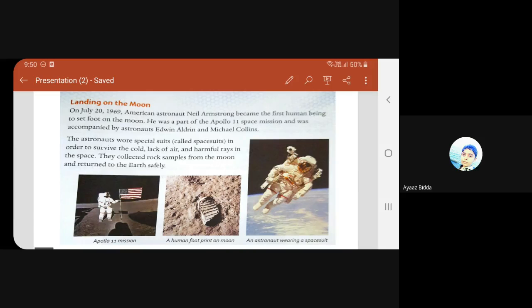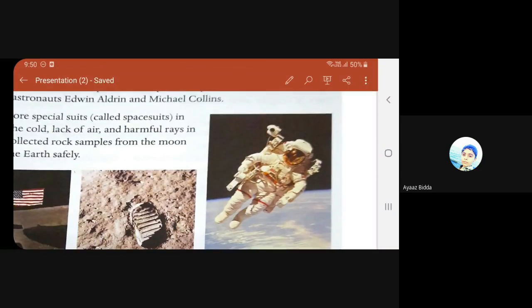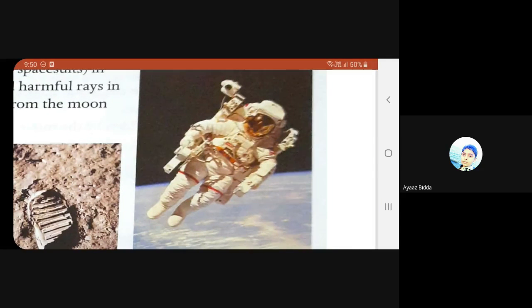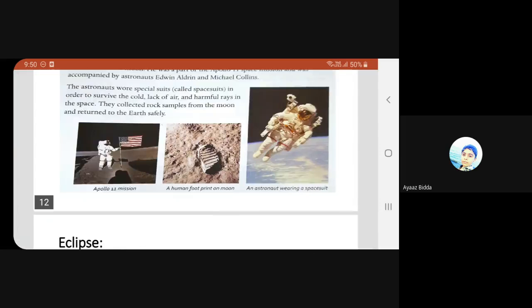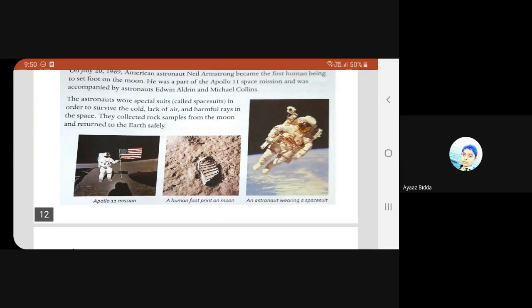Anybody who has to visit the moon cannot enter the surface of the moon without wearing this kind of spacesuit, because, as I told you in the beginning of the chapter, there is no air and no protective layer present there.